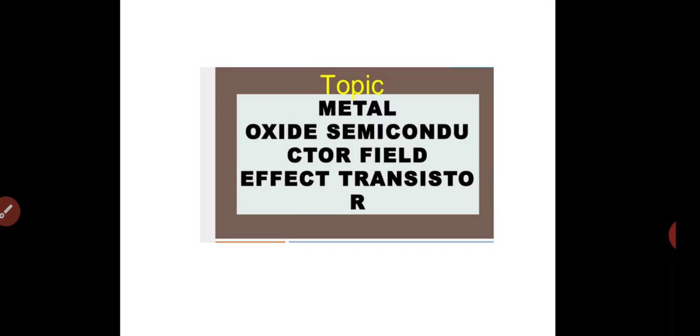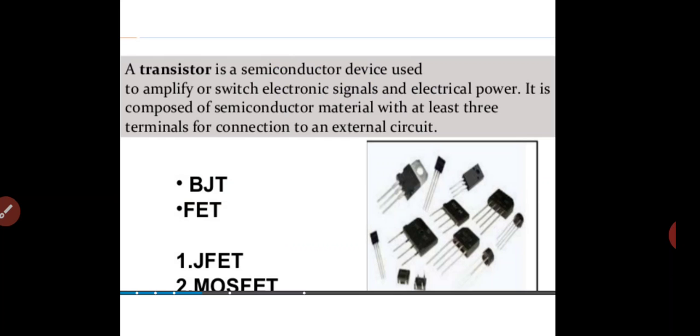MOSFET stands for metal oxide semiconductor field effect transistor. We have already discussed the transistor. A transistor is a semiconductor device used to amplify or switch electronic signals and electrical power.